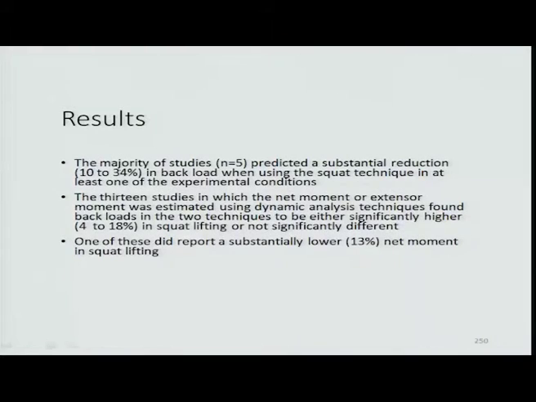And so, the results indicate that the majority of the studies, namely 5 studies made in this paper, predict substantial reduction, about 10 to 34%, in the back load when using the squat technique as opposed to the stoop technique. Okay, in at least one of the experimental conditions in which such measurements have been done.